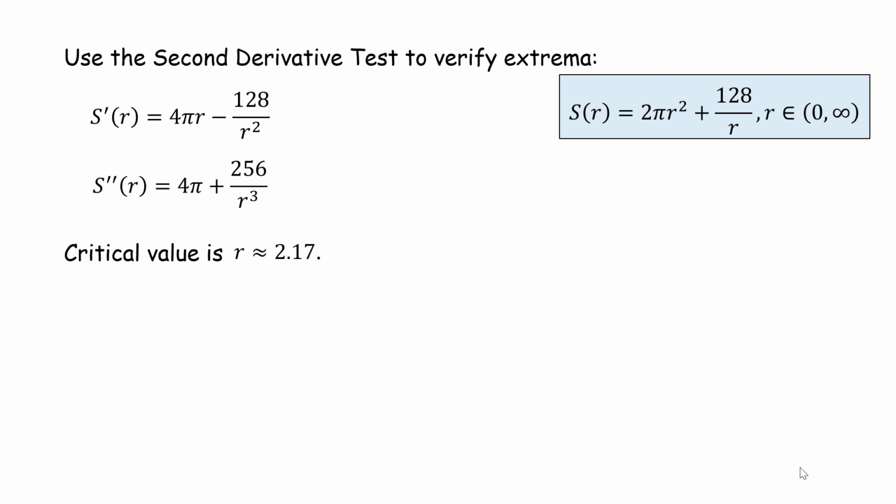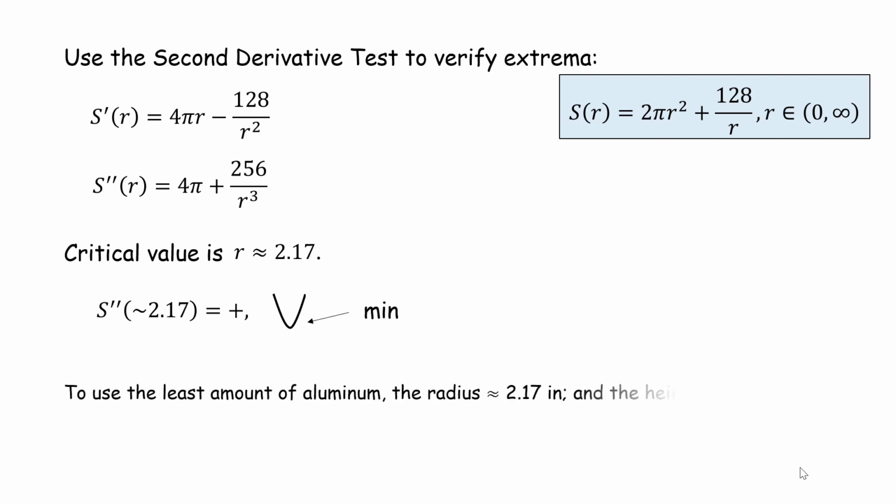So s double prime evaluated at approximately 2.17 is a positive number. Cube it, that's still a positive number. So the sign of the critical value evaluated in the second derivative is positive. And when the second derivative is positive, we know that the graph of the function is concave up. And if it's concave up, then the most extreme point in that area gives you a minimum.